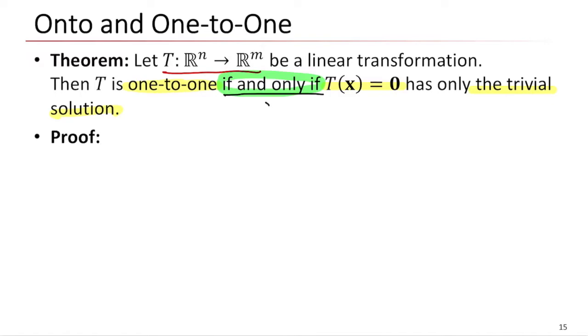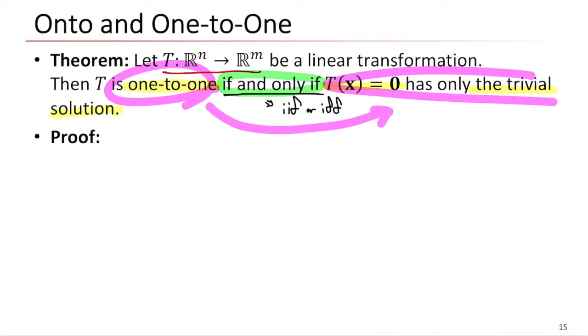It is also called iff. What does it mean? This one implies this one, and this one implies this one, simultaneously. So this is the meaning of if and only if.